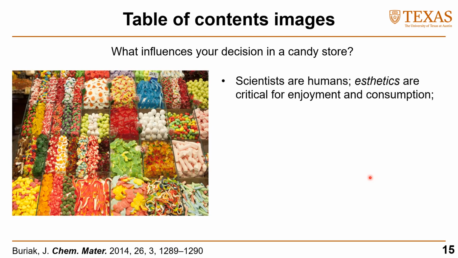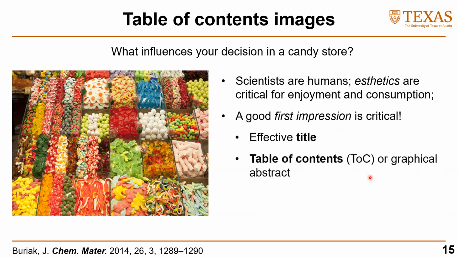So inevitably, humans are guided by aesthetics, right? If something is good looking, if something looks compelling, we'll feel more attracted to it. So that's why the first impression of your paper is critical. And this impression usually comes from two components of the publication, the title, and we can discuss the title in another talk later.